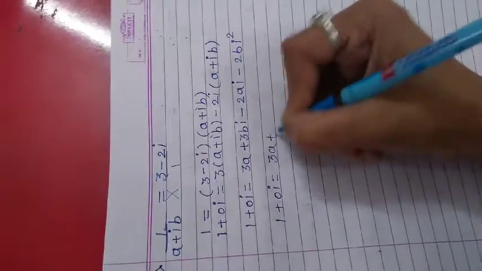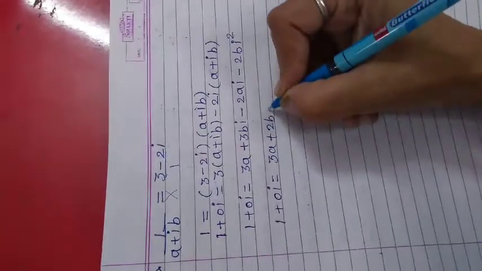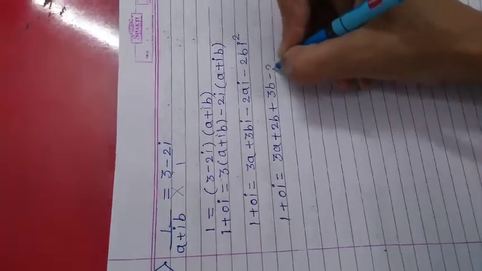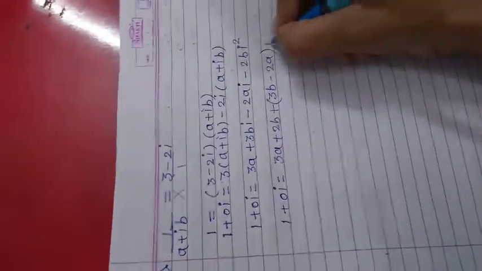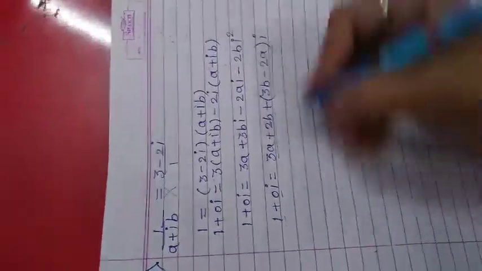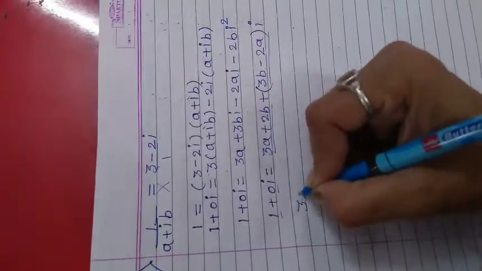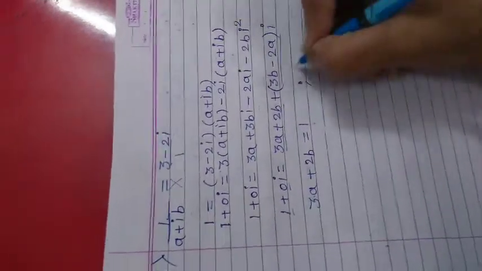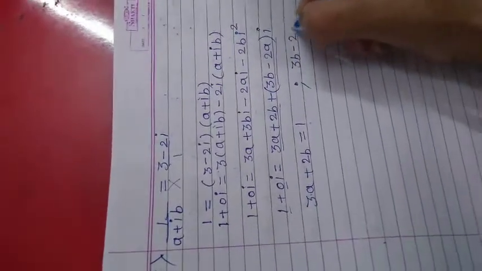So 3a plus 2b, and this is plus 3b minus 2a, this is i. Now this is real, and 0i, and this is imaginary. So equate. So 3a plus 2b is equal to 1, and next is 3b minus 2a is equal to 0.